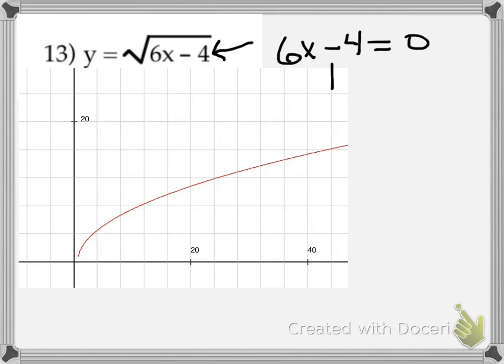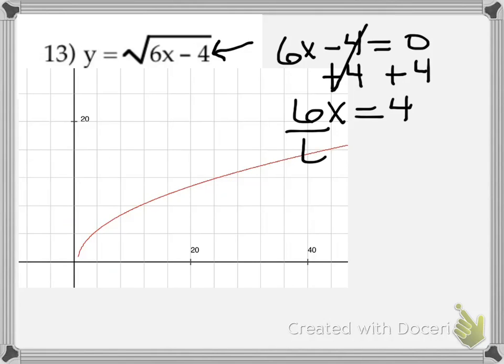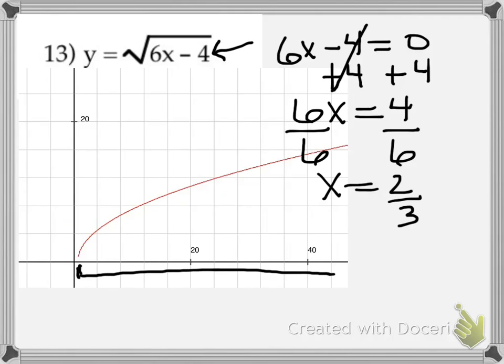So I'm going to add 4 to both sides. Okay, add 4. 6x equals 4. Divide both sides by 6, and I get x equals 2/3. So my domain extends from 2/3 all the way on.